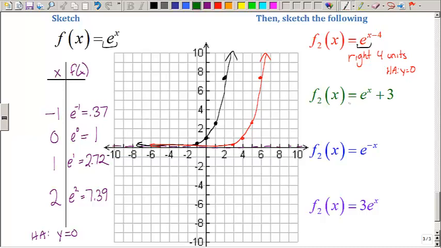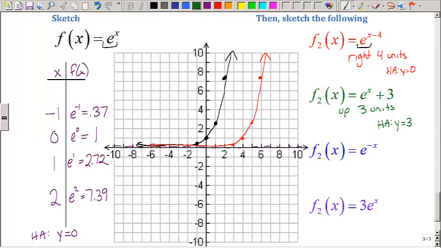For my green function, f of x is equal to e to the x plus 3. Notice plus 3 is on the outside of the function, so we're adding 3 to the function, which means I'm going to be shifting up 3 units. Because I'm shifting up or down, a vertical shift, my horizontal asymptote is now shifted. The only time your horizontal asymptote shifts is if you're shifting up or down for exponential functions.